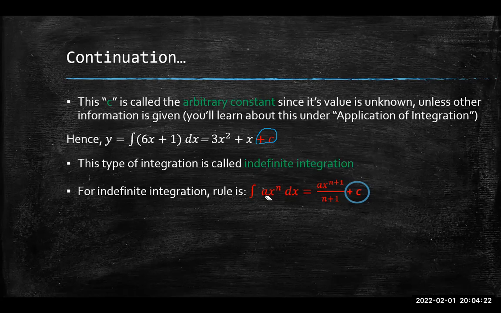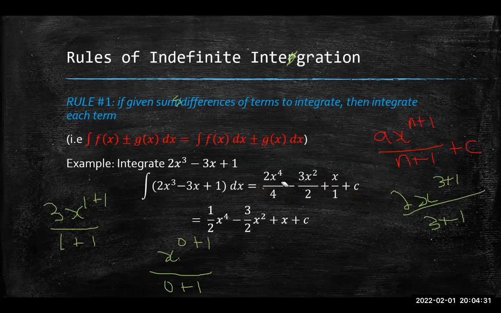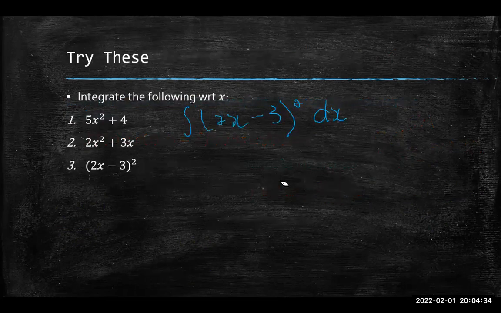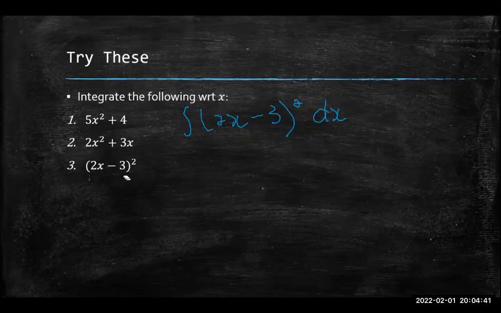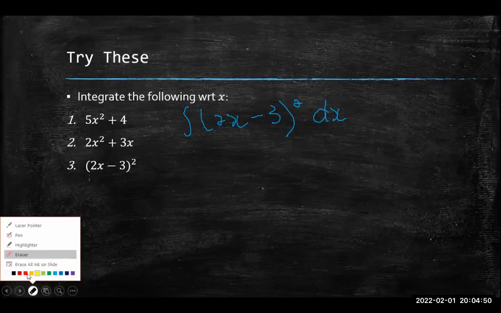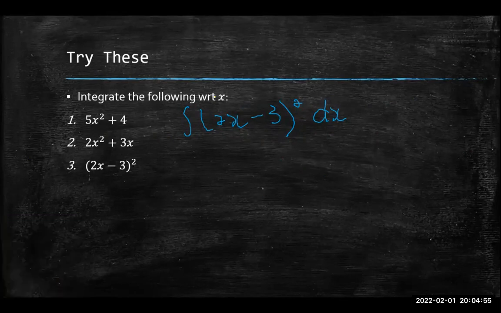So what do we do? If you have an expression that is not in the form ax to the power of n, you need to find a way to get it in that form. So will this be 2x squared minus 3 squared? No, that's a common mistake people make. 2x minus 3 all squared is not the same as saying 2x squared minus 3 squared. Like John has said in the chat, I would expand the bracket.